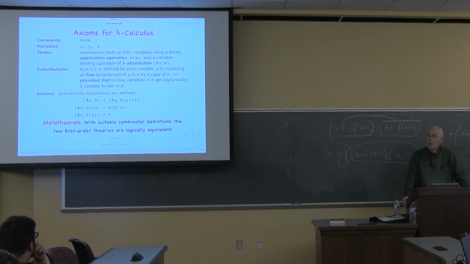Okay? Now, what's the problem? It looks very nice, but what's the problem with this? Capture of free variables by the bound variables. The lambda operator is a variable binding operator. Lambda x of m has no x in it anymore, so to speak. It's a function of one argument, but it doesn't have the symbol x in it anymore in a certain sense.